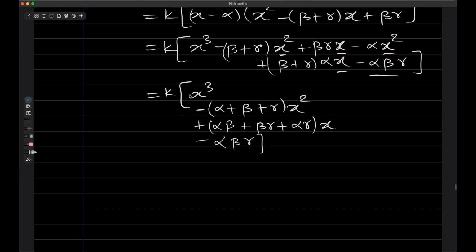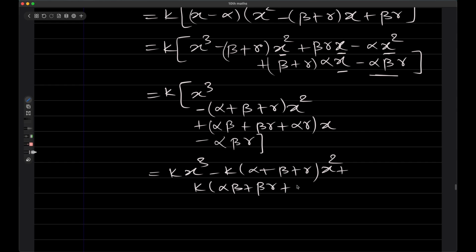If we multiply k inside, we will get kx cube minus k into alpha plus beta plus gamma x square plus k into alpha beta plus beta gamma plus alpha gamma x minus k alpha beta gamma.